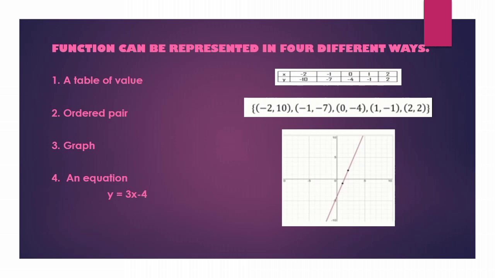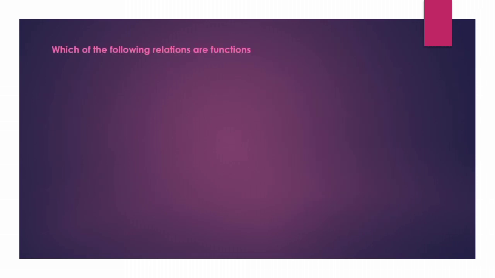So those are the different ways of representing whether it is a function or not. Again, we have a table of values, ordered pairs, the graph, and of course an equation. So I'll give you examples.